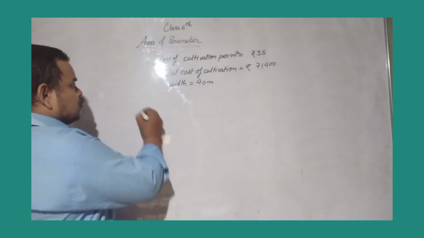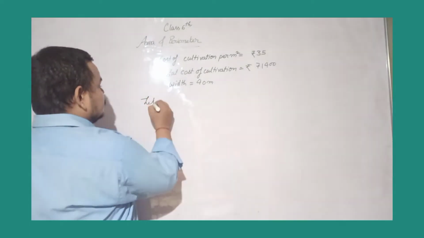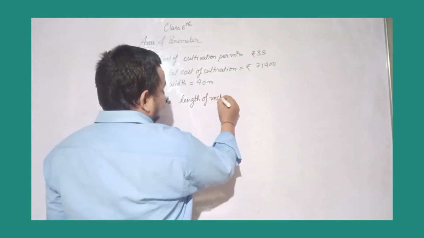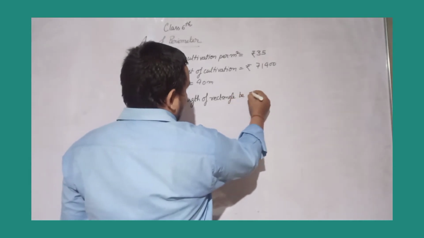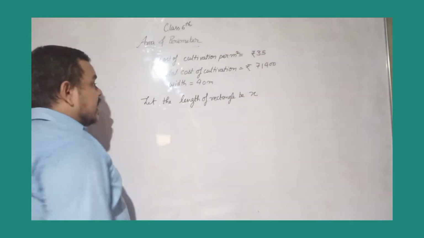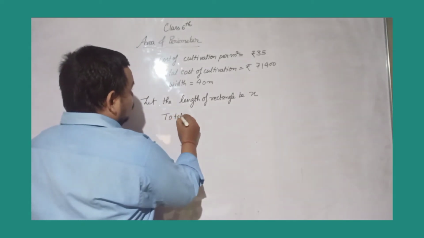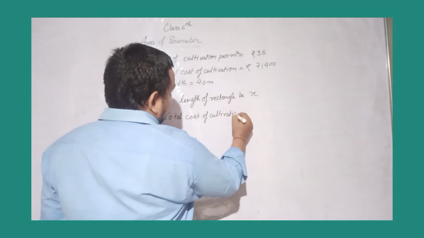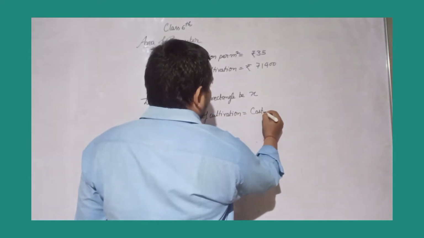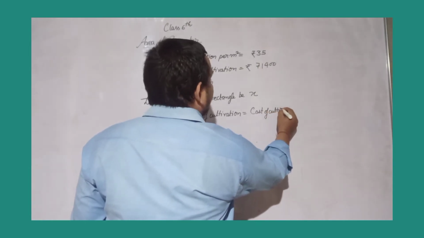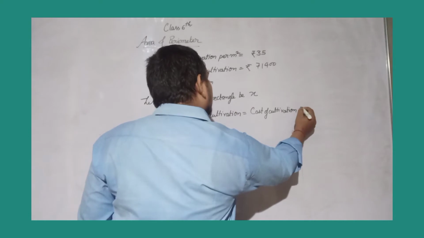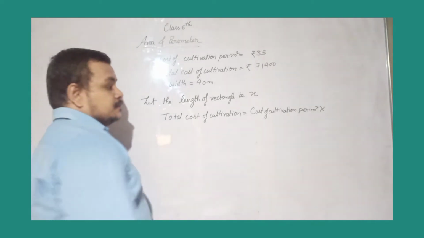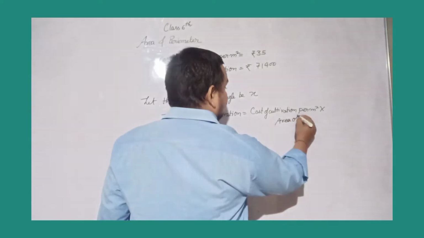Now we can say, let the length of rectangle be x. As rectangle length is taken x, according to the question, total cost of cultivation is equal to cost of cultivation per meter square multiplying with area of rectangle.